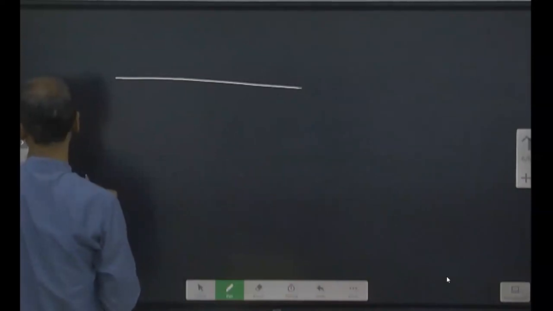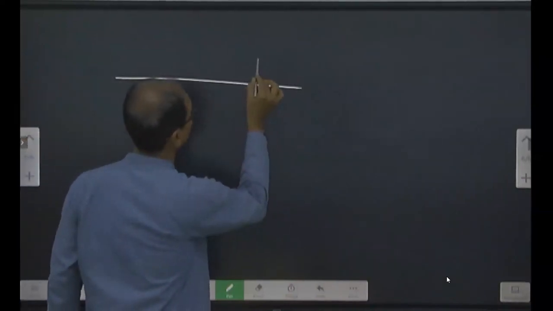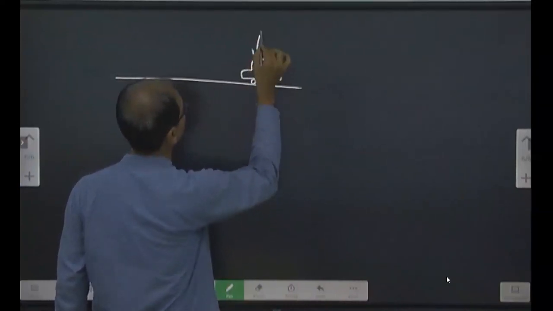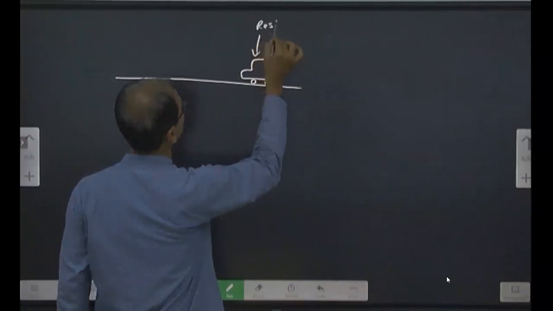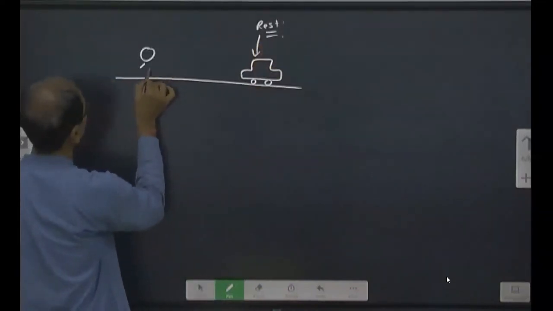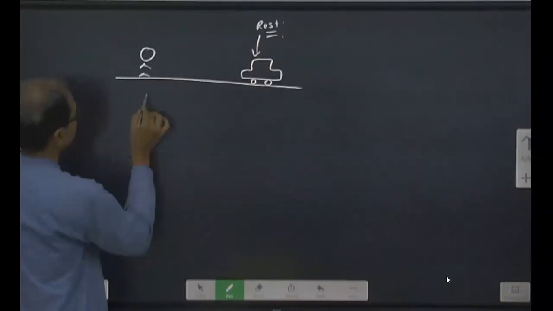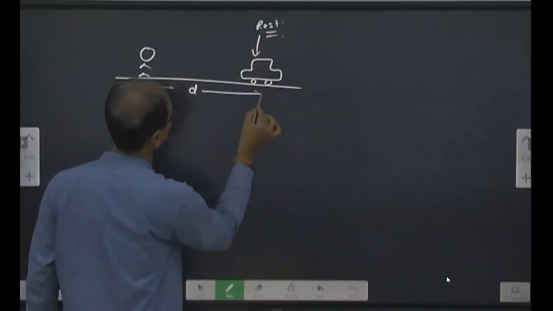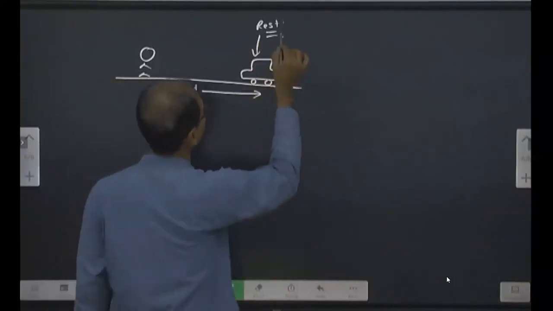Here is a car which is at rest. Okay, at rest. And there is a boy. There is a distance between them. There is distance D. Or taxi, this is okay. There's a taxi.